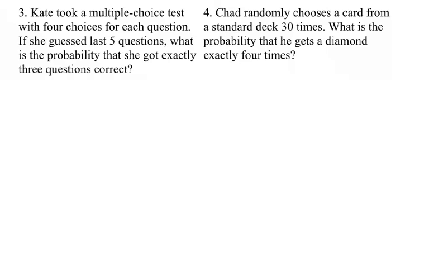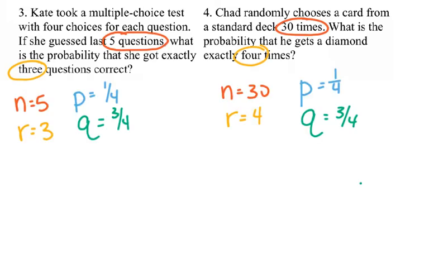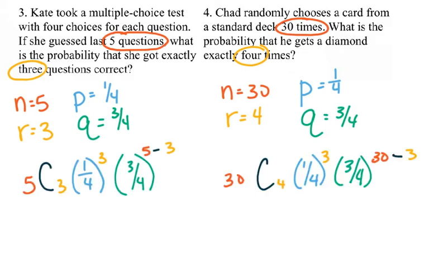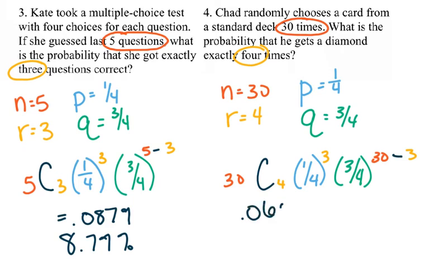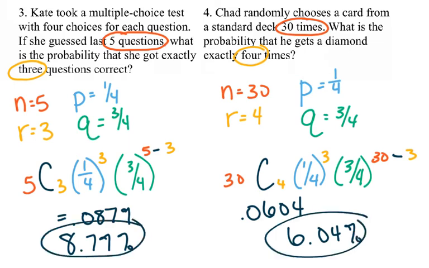Alright. Okay. So I want to see if you can do these two. See if you can pick out what the N, what the R, what the Q, and what the P are, and then put them in the formula. So try this in 1, 2, 3. Okay, so these are the values you should get, and now you're going to plug them into the formula. And then when you plug them into your calculator, you should get this, which changes to 8.79%. And then for the next one, you should get 0.0604, and we should get 6.04%. Okay, these are not fun.